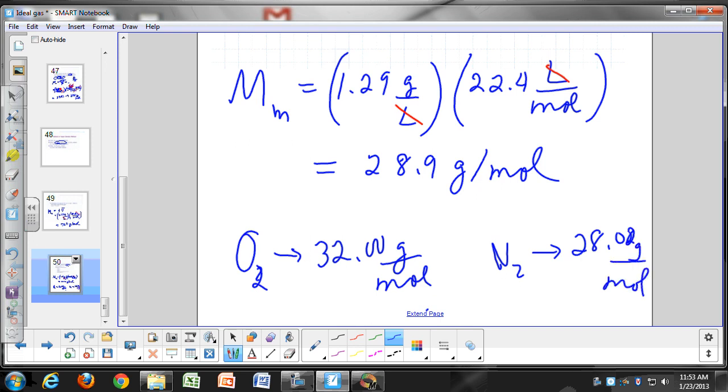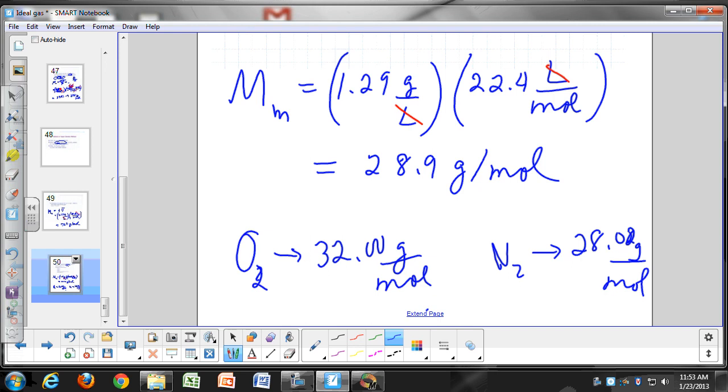The molar mass here is just the total mass divided by the total molecules. So that's the average for all the N2s and the O2s that are there. If it was all O2, it would have been 32. If it was all N2, it would have been 28. But you're getting 28.9.